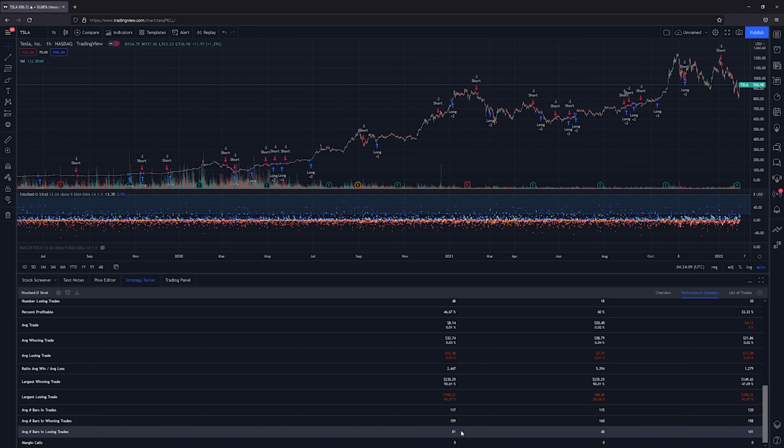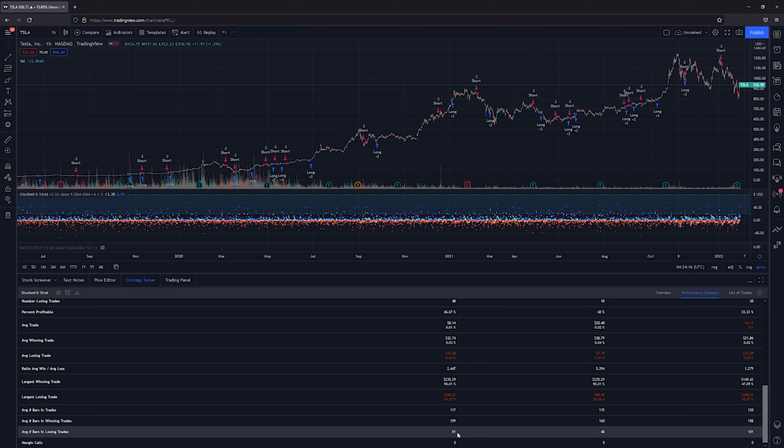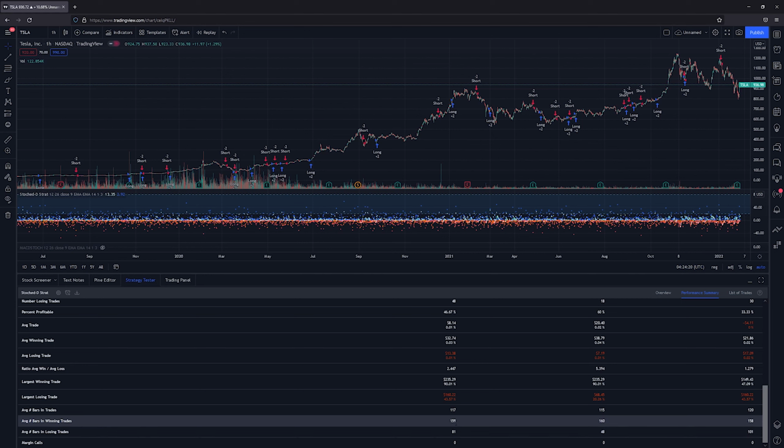Let's say most of these were reversed, right? And let's say most of your winning trades averaged the 81 bars, but most of your losing trades averaged the 159 bars. Then you would know, well, I should just stop my trades at 81 bars. And so that would be a good use of the average bars, winning and losing.